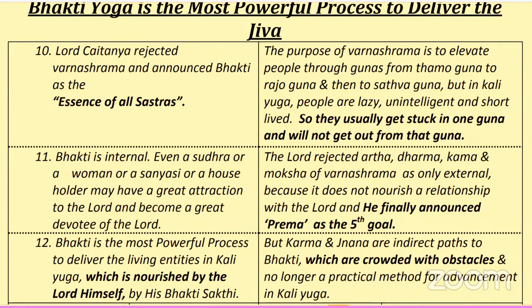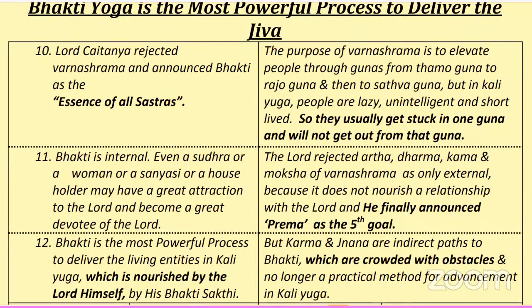Chaitanya Mahaprabhu rejected all these four: Artha, Dharma, Kama, Moksha, Mukti, everything he rejected. These are all called Purusharthas. So he rejected all these four Purusharthas and introduced a new one, a fifth goal.